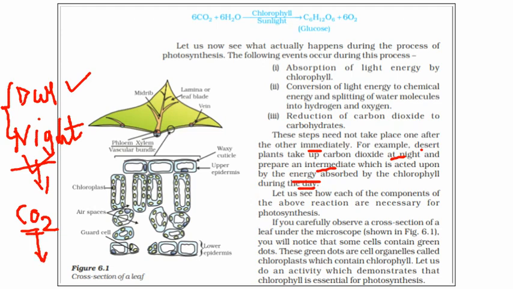So in the desert plant, the plant takes up carbon dioxide at night and prepares the intermediate, and the energy absorbed by the green pigment, chlorophyll, is used during the day. Why during the day? Because during the day there is more sunlight. So it is a 2-step process, day and night, in desert plants.